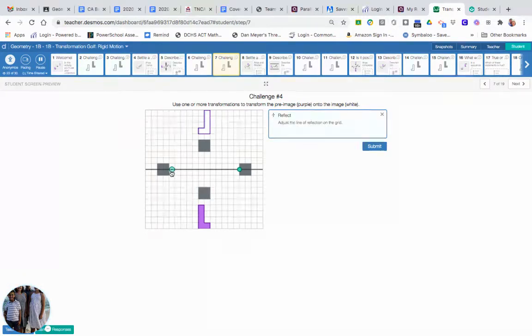So here's the idea. If I want this to be my line of reflection, again, I can move it wherever I want to move it. This coordinate, this top left corner of the L is 1, 2, 3, 4, 5, 6, 7 away. 1, 2, 3, 5. Sorry, 6 boxes away from the line of reflection.